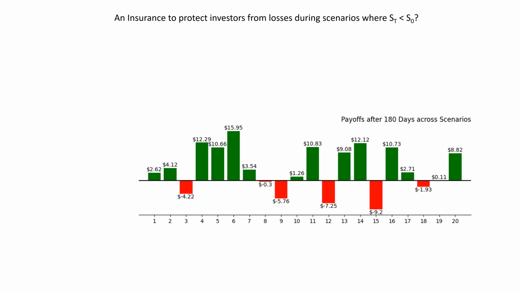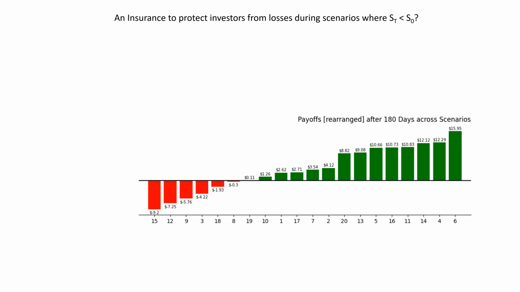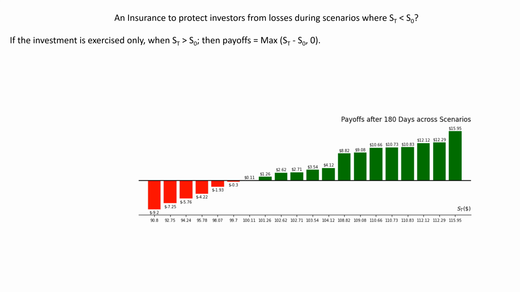So what we do is we'll rearrange these payoffs in ascending order from the largest losses being on the left to the largest profits being on the right. And we replace the scenario numbers with the stock prices that occur at each of the scenarios after 180 days.